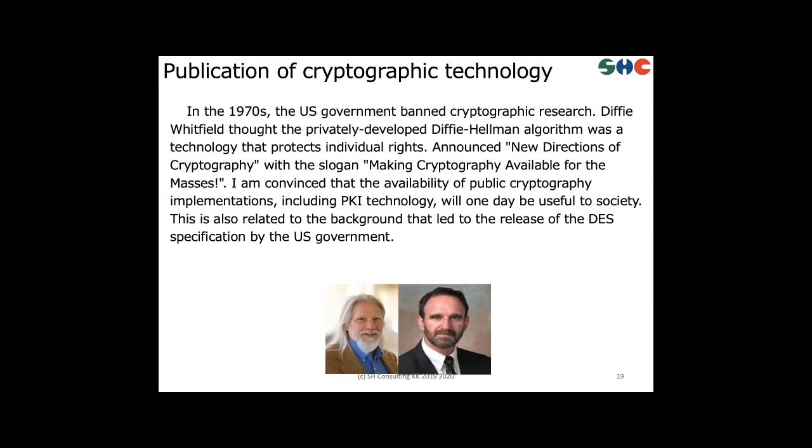And these two worked against, or together with, the US government. The US government finally opened the release of the DES specification. So even the US government went open source in cryptography.